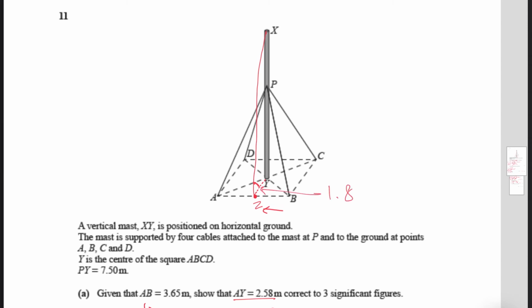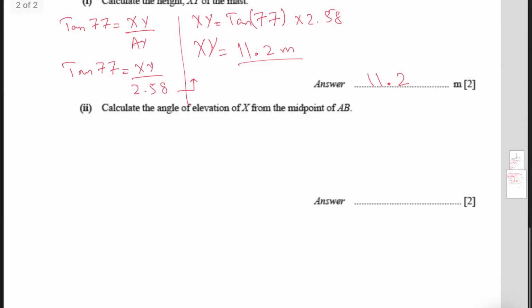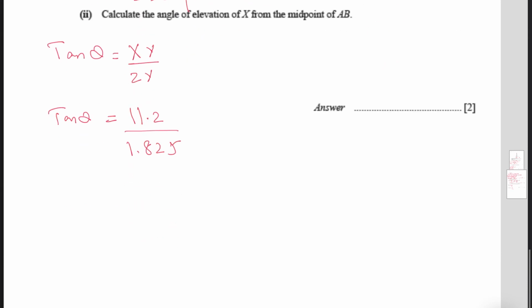It was 1.825. Again we use tan because we do have the length of XY as well, and we need to find the angle. So let's say tan theta is equal to the opposite, which is XY, divided by the adjacent, which is ZY. So tan theta is equal to XY was 11.2 and ZY was 1.825. Let's plug this into the calculator and find what tan inverse is.